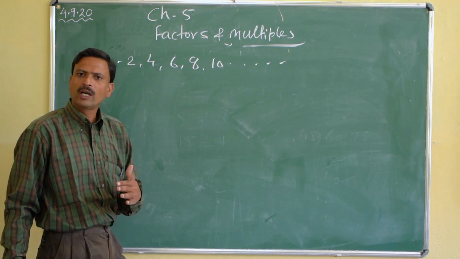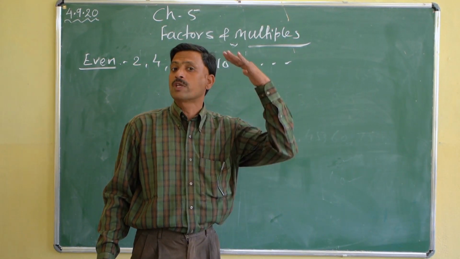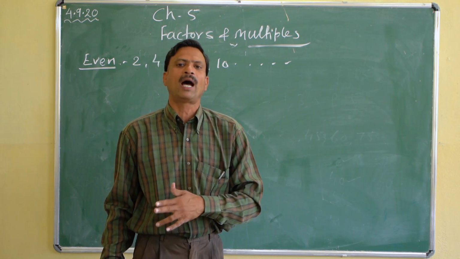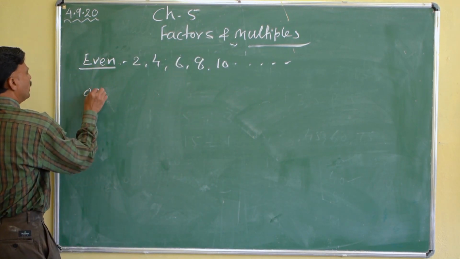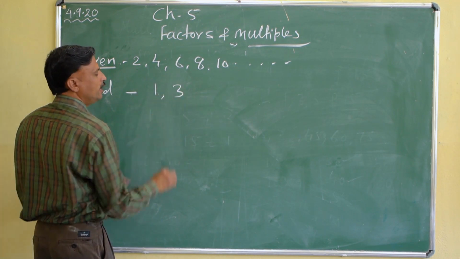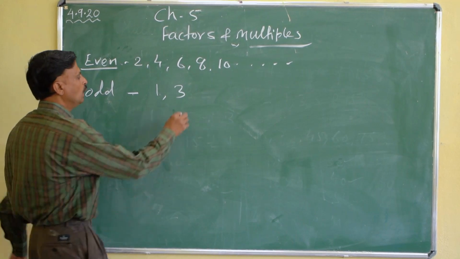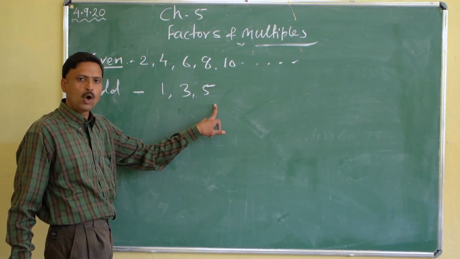But if you see the odd numbers, what is an odd number? A number which is not a multiple of 2, or not exactly divisible by 2, is called an odd number. So what numbers will come? 1, 3. 3 is not divisible by 2. Then 5, is it exactly divisible by 2? No. So 5 will be odd.